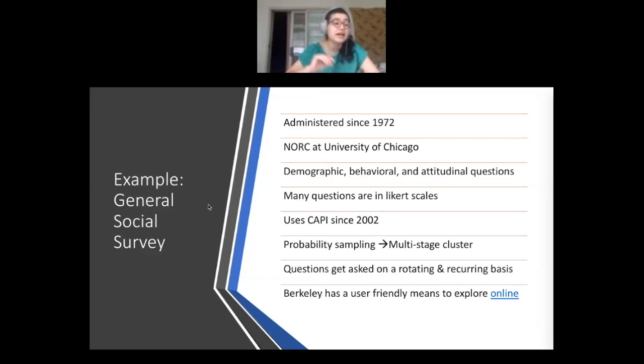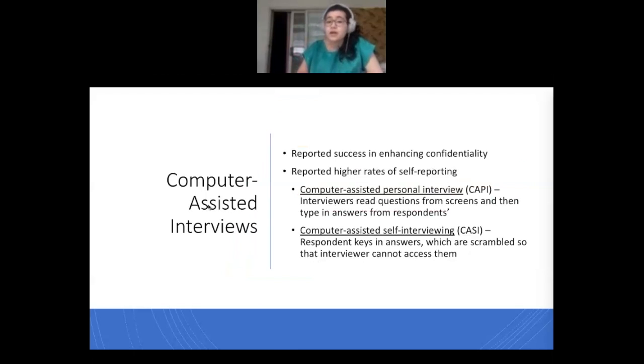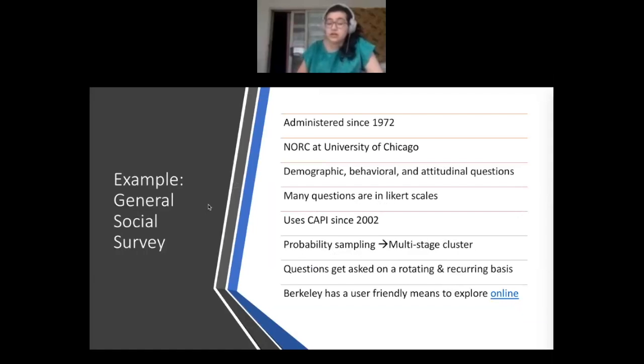And so they actually use the computer-assisted personal interview, and they've done that since 2002. There's a computer there when the field researchers interview the respondents.